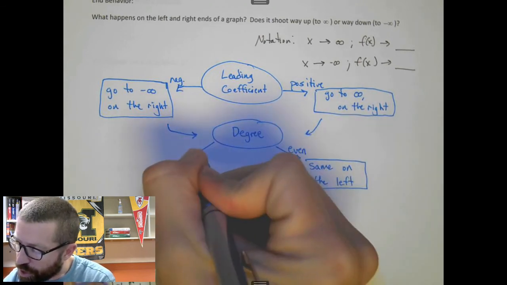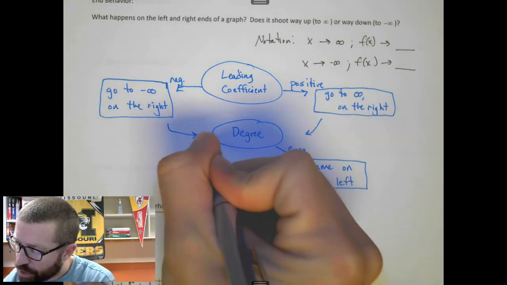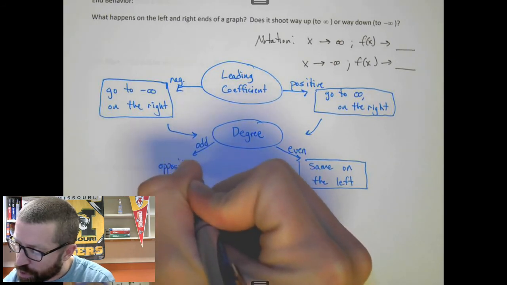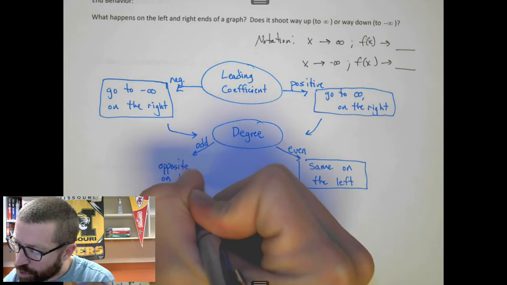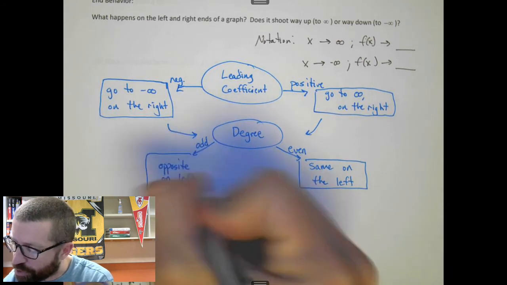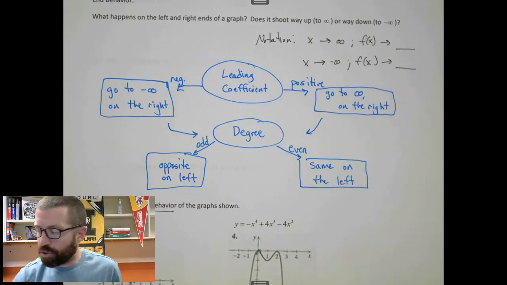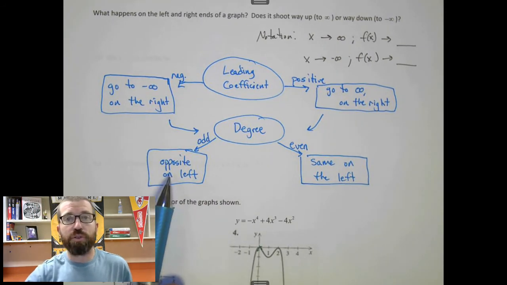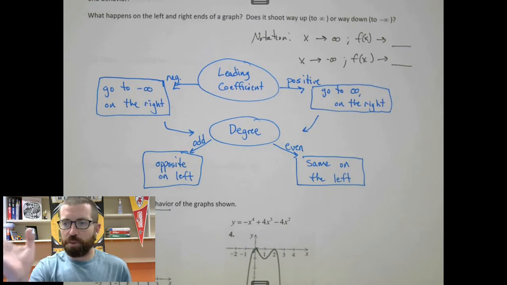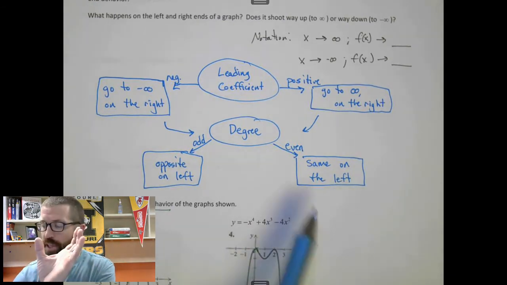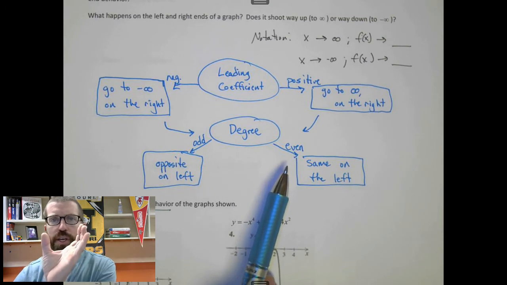And if the degree is odd, then it's going to do the opposite on the left. So in order to do this, you have to know what it's going to do on the right. Think of a line, x to the first, that's odd. So it goes up one way and down the other way. Think of a parabola, x squared, that's the U. It is going the same direction, whether they're both up or both down.